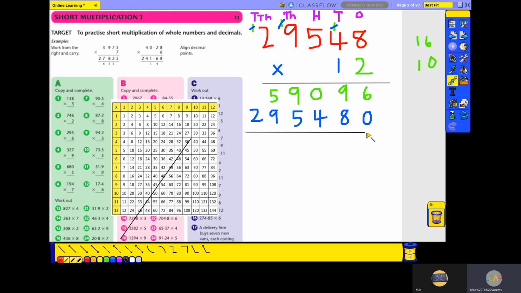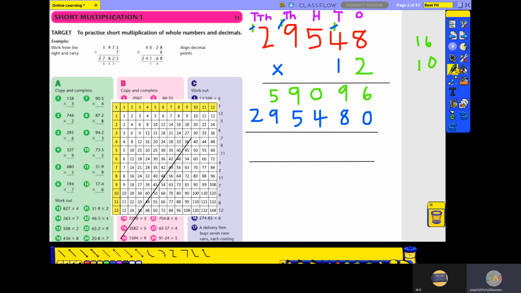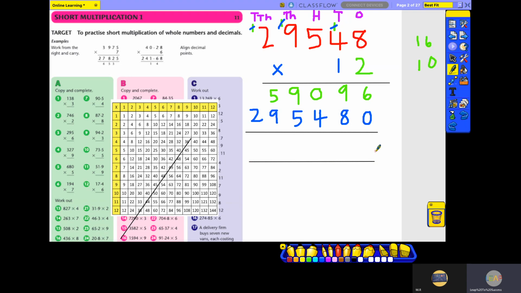So you draw that line. Now, because you have two answers, you have to have one answer. Obviously, you're solving a question, you need one answer. Therefore, we add the two results that we have found so far, and we work out one answer. So 6 add 0 is 6. 9 add 8, 17. Keep a 1. 4 add 0 is 4. Add the 1 makes 5.